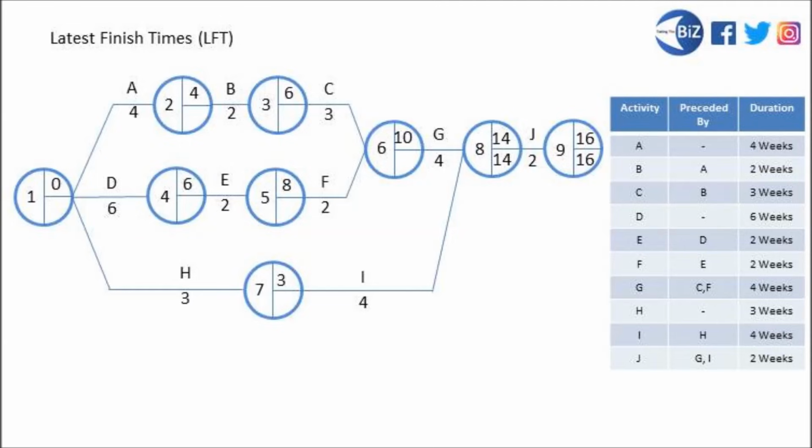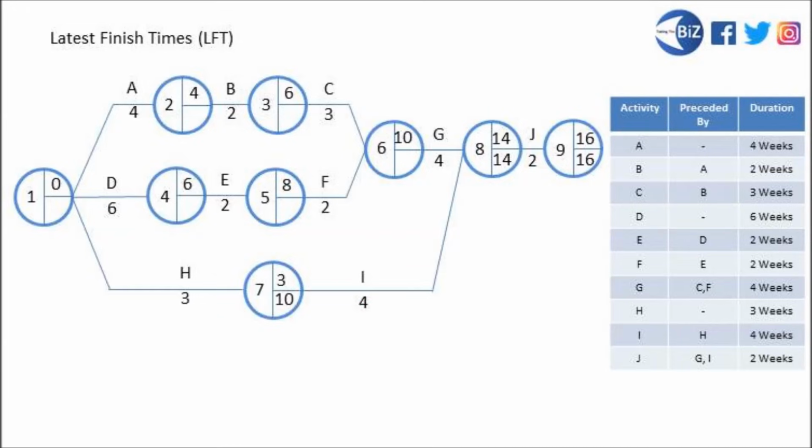If we go down to that bottom strand, we can do the latest finish time for activity H. So we're going to take the 14-week latest finish time that we've got written in node 8. That's the latest finish time for activity I. We're going to deduct the 4 weeks that I takes, and that tells us that the latest finish time for H is 10 weeks.